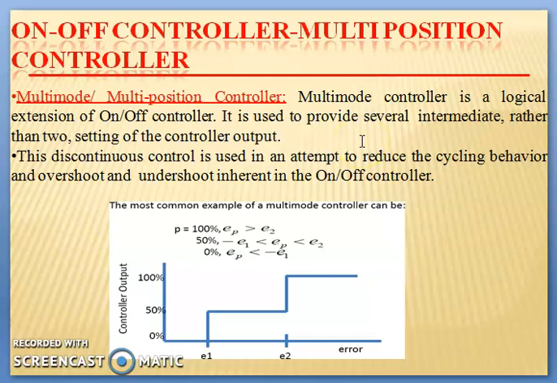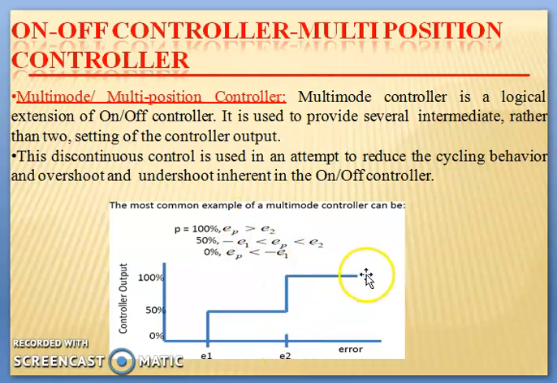To reduce the cyclic behavior between the overshoot and undershoot of the deviation, we have to consider the measured variable P at different levels of error as defined here. So P is 100% for error greater than E2. This is the E2 value.